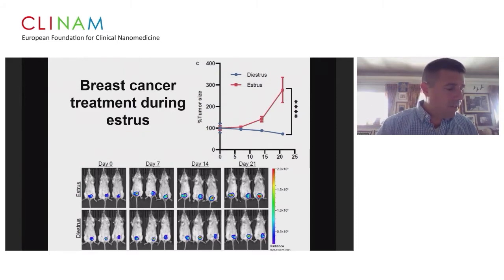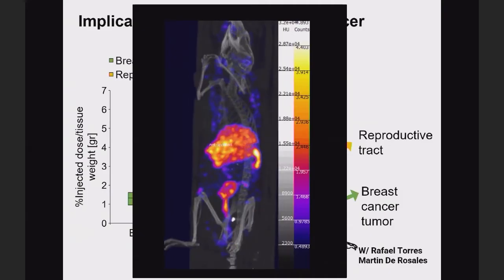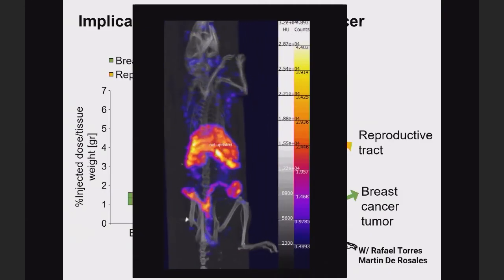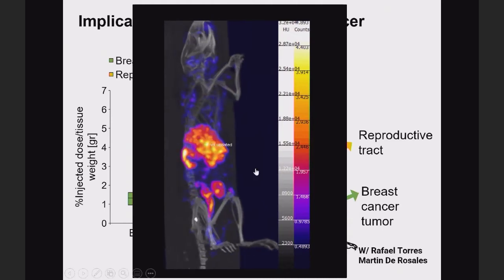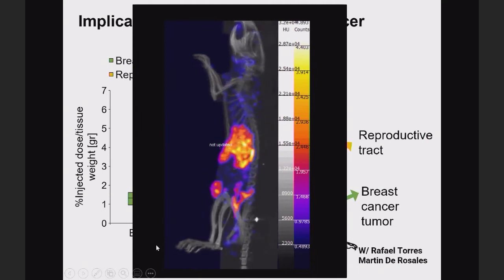I think in the interest of time, right, Cristianne, I'm up with my 15 minutes. So I'll just end this concept with a nice slide that was produced by Rafael Torres Martin de Rosales. You can see here a mouse which was injected with liposomes which have a tracer in them.